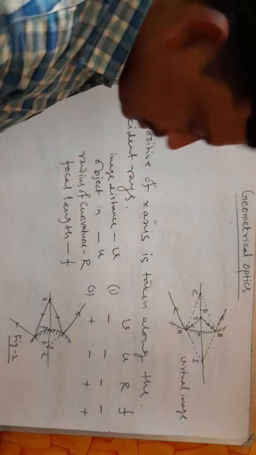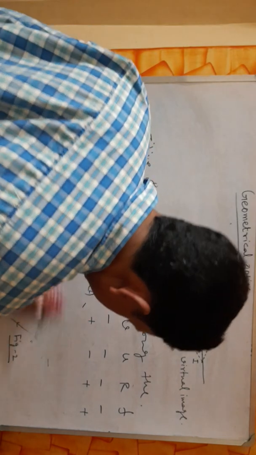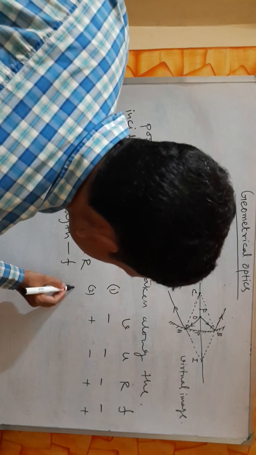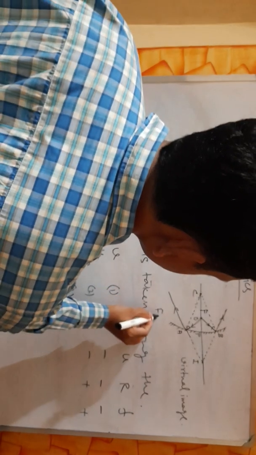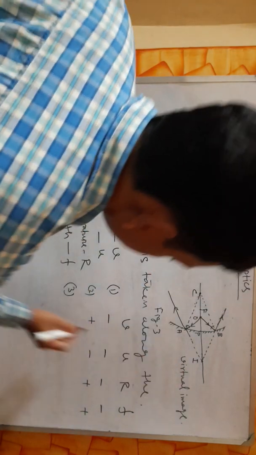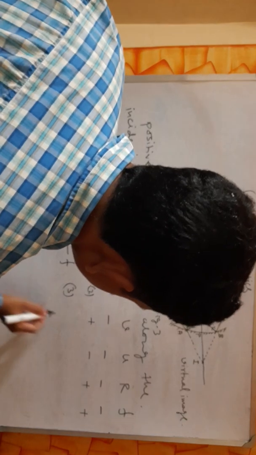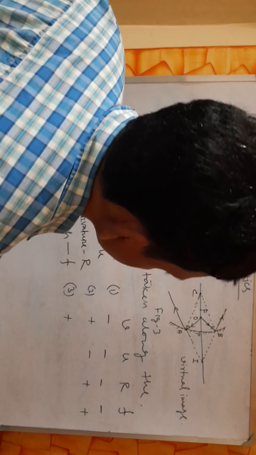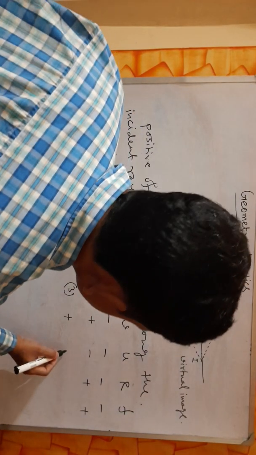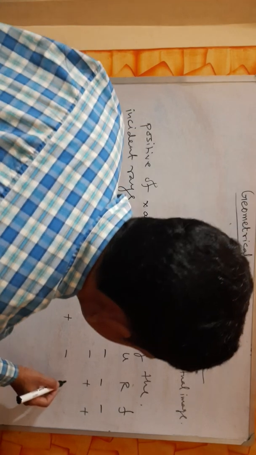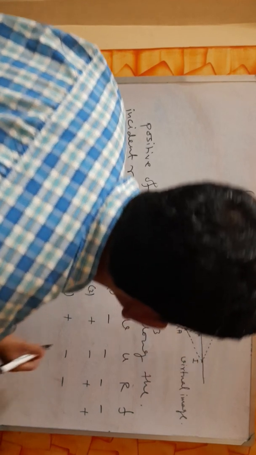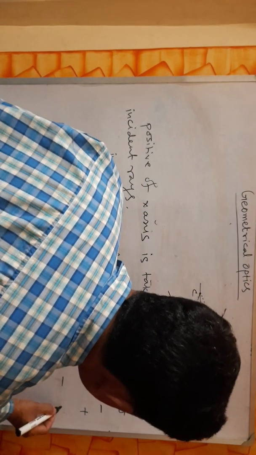So in this case, the sign convention in figure 3: V is on the positive x-axis, so it is positive, but the object is on the negative x-axis, so negative, R the radius of curvature is negative, and the focal length is negative.